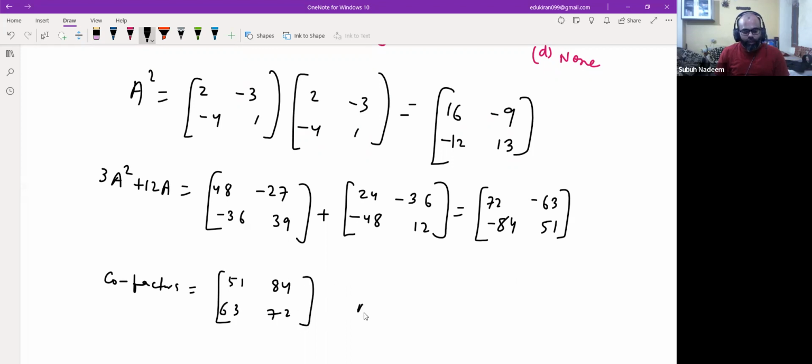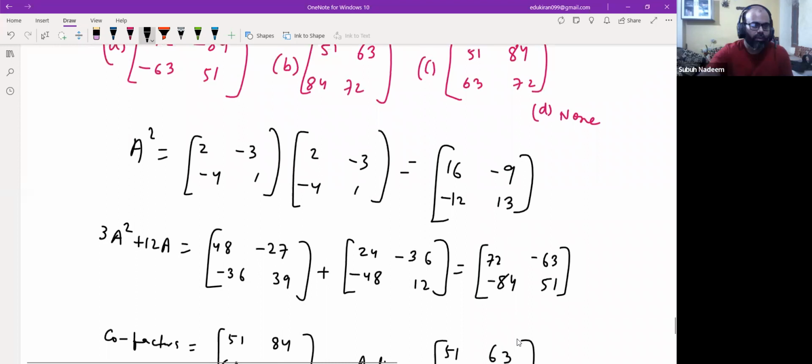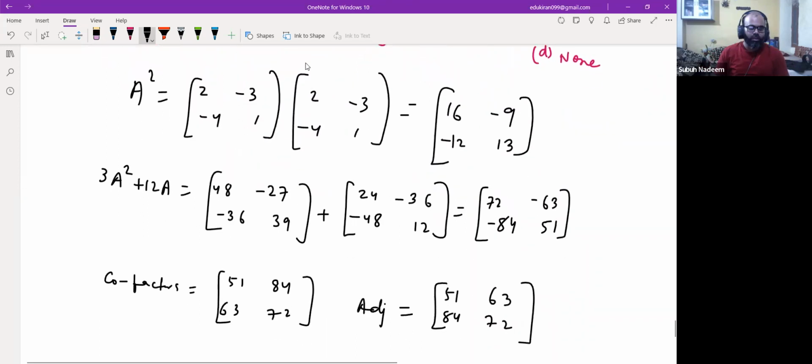Now we will take the transpose. So it will be 51, 63, 84, 72. So option B is the correct option. So this is how we find it out, finding the adjoint of 3A square plus 12A.